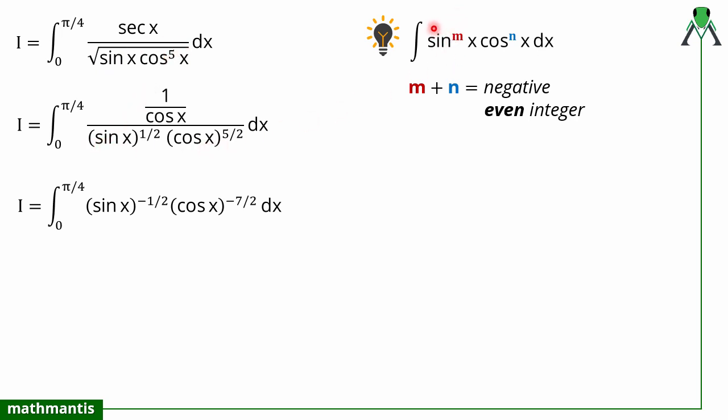So that will become sin x raised to power m and cos x raised to power n. And the next hint is, if m plus n is a negative even integer. Here the value of m is minus 1 by 2. Here the value of n is minus 7 by 2. If you add these two values, it will become minus 8 by 2, that is minus 4. That is a negative even integer.